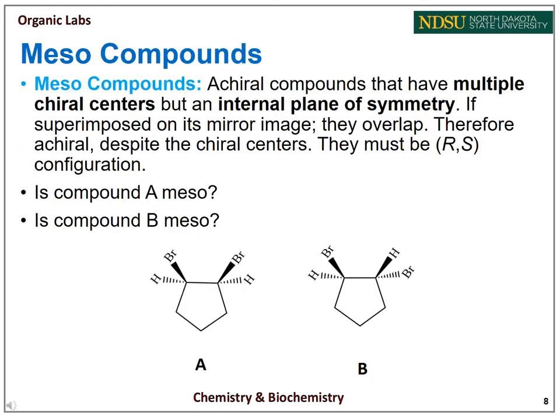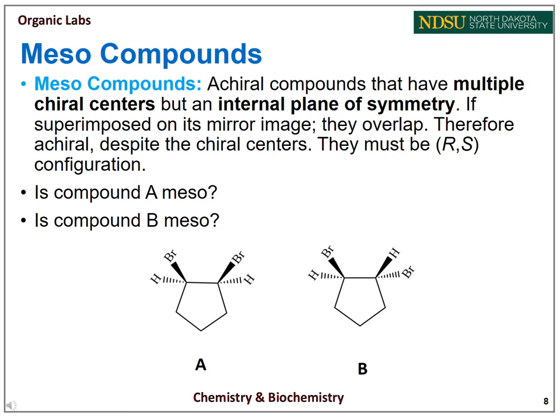In addition to the possibility of diastereomers, molecules containing multiple chiral centers can give rise to mesocompounds. Mesocompounds are compounds with an internal plane of symmetry and can be identified as having one R and one S configuration when the chiral centers are assigned. So looking at the first two compounds, is compound A meso?